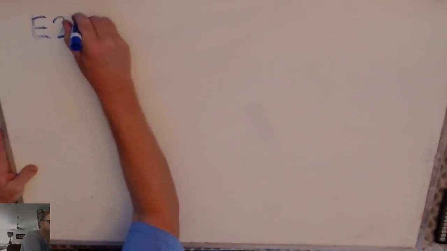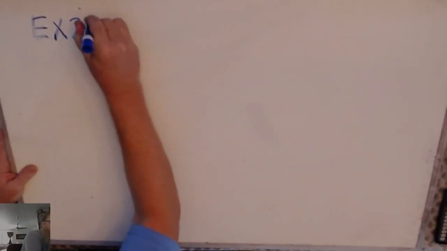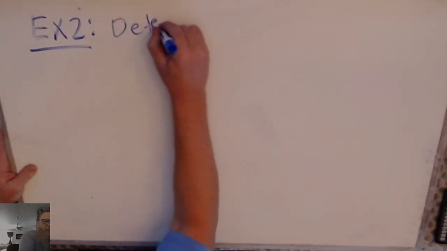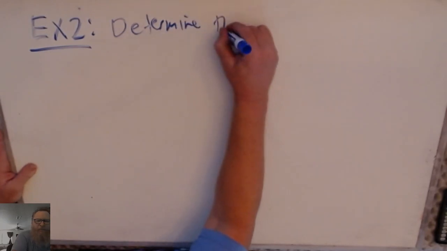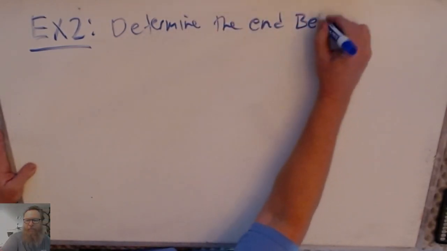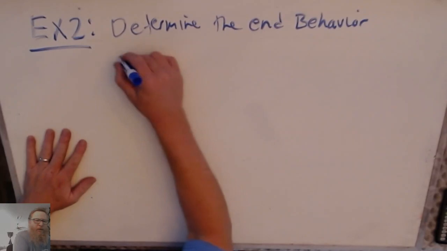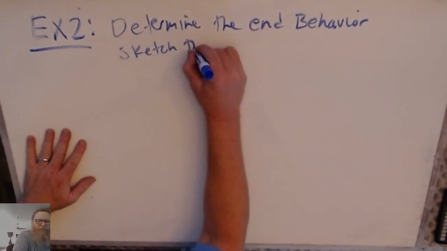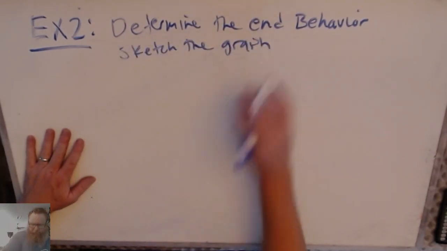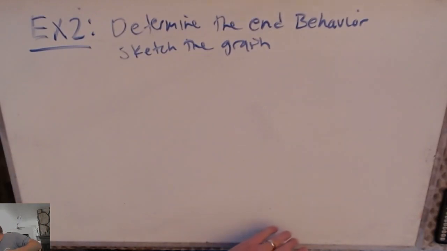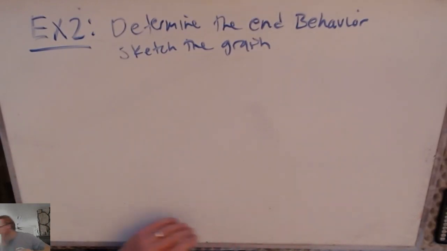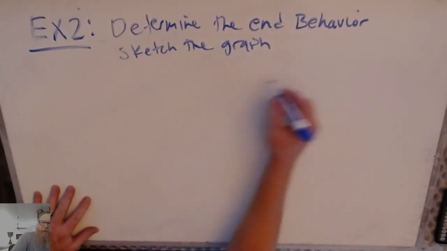So example 2. Determine the end behavior, and then sketch the graph. Let me give you a function.